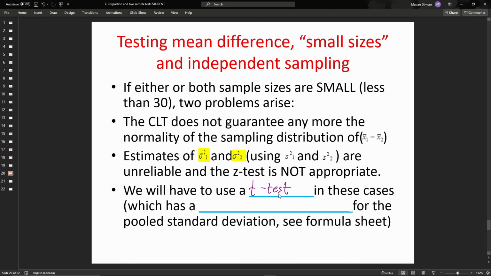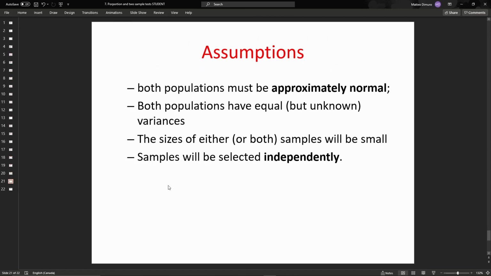Which actually has a special extra calculation. Accountants get very excited about extra special calculations, in my experience, in talking to my accountant. Side note. So yeah, we have an extra special calculation for what's called the pooled standard deviation, and then I kind of say, see the formula sheet.